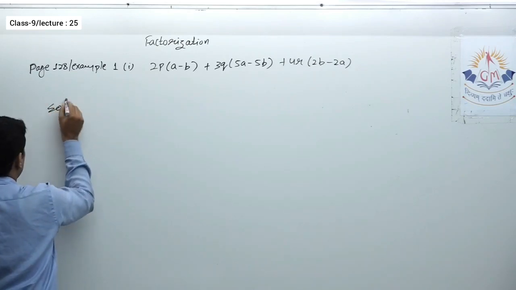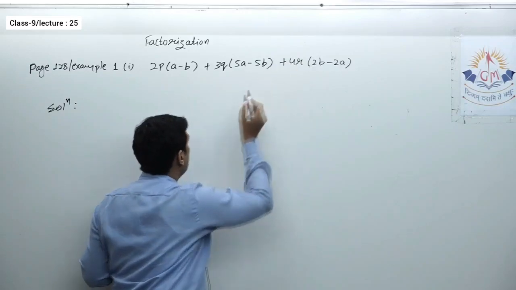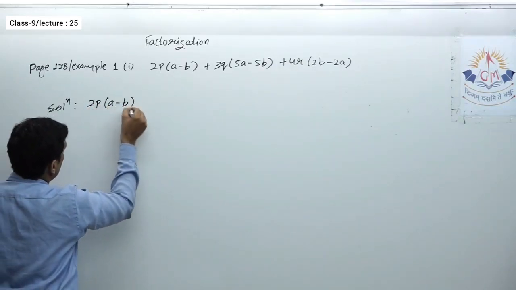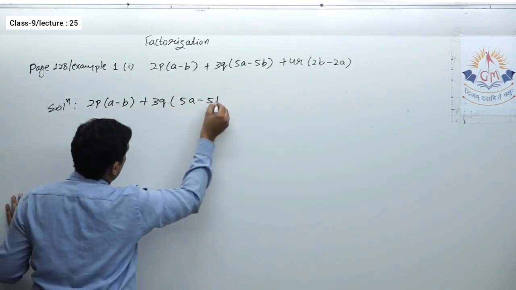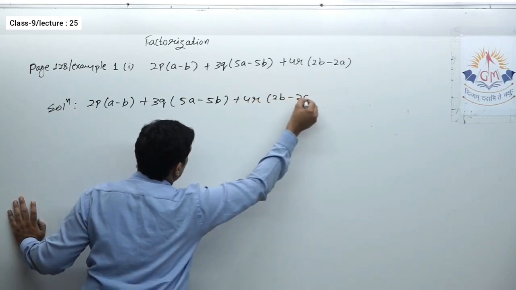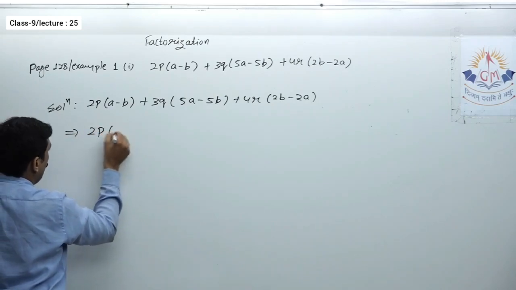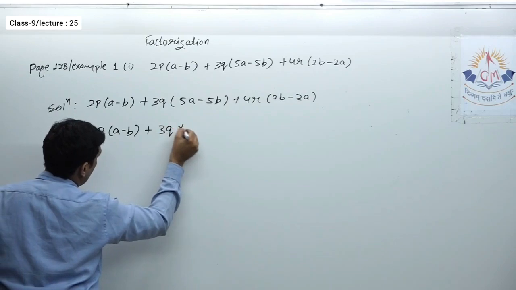See, whenever you have to write a solution, definitely first you write the given expression. So 2p(a minus b) plus 3q(5a minus 5b) plus 4r(2b minus 2a). So this 2p(a minus b) remains as it is, plus 3q multiplied by 5.